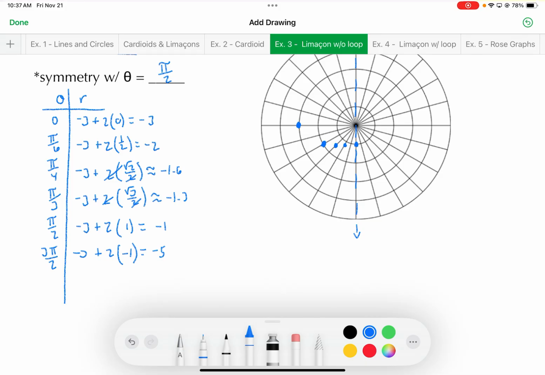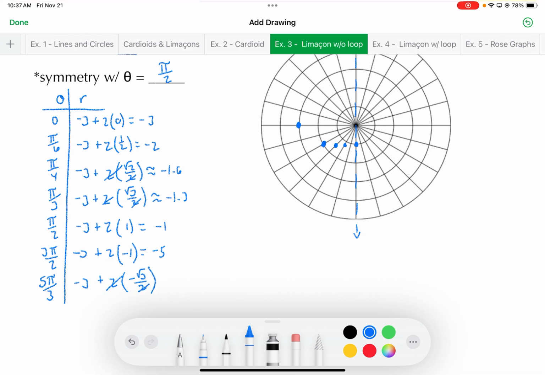Okay, next let's go in the fourth quadrant. How about we use 5 pi over 3, or that's 300 degrees. So negative 3 plus 2 times sine of 5 pi over 3, that's going to be negative radical 3 over 2.